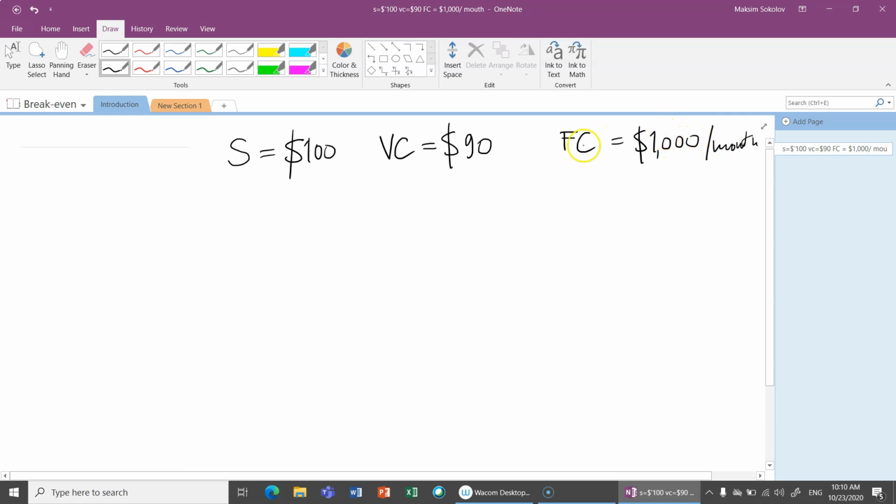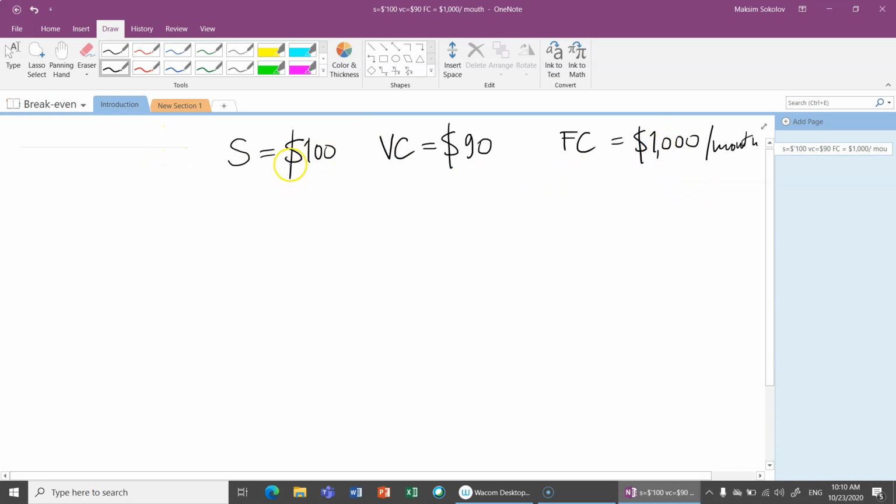And that is called fixed cost because this amount doesn't change whether we sell 1 item or we sell many items. It will always be our cost, which means that if we don't sell any item, we will be $1,000 in loss.